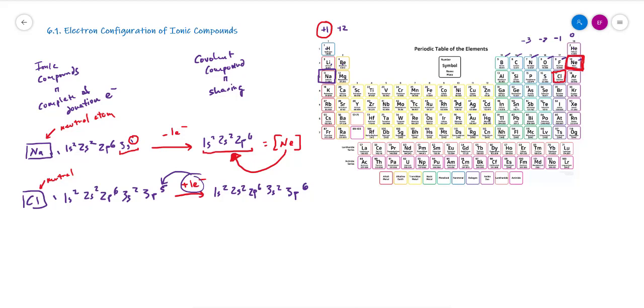What does this coincidentally look like? It looks exactly like the closed shell for argon. We just tacked one electron onto this chlorine, which gives the same configuration as argon, which is exactly why these halides in group 7A tend to want to accept one electron. All of these atoms, when they become ions, are making a move to become more stable than the element was before.